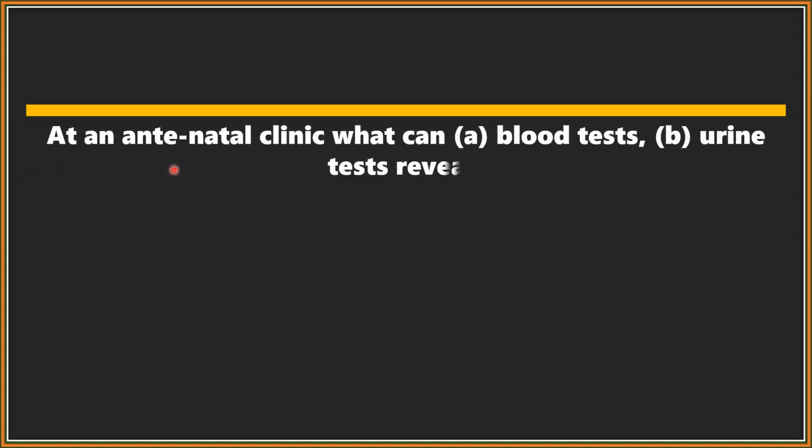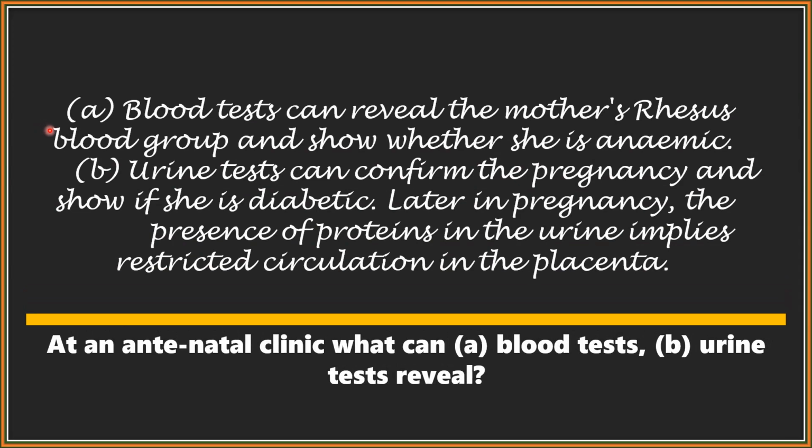At an antenatal clinic, what can a blood test and urine test reveal? A blood test can reveal the mother's rhesus blood group and shows whether she's anemic.